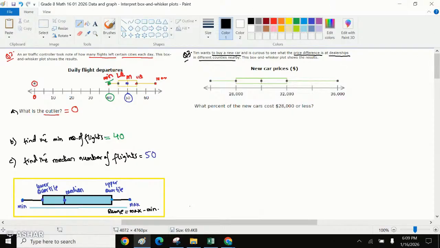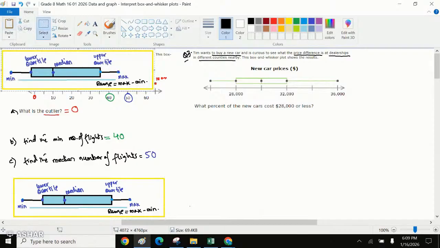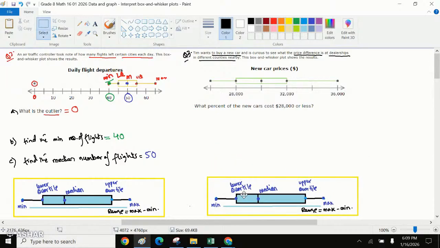Okay. So we know that. Let's label the values first. We need to refer to this, right? Lower quartile, median, and everything.